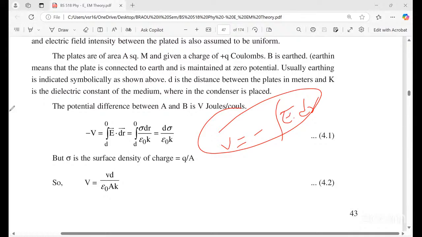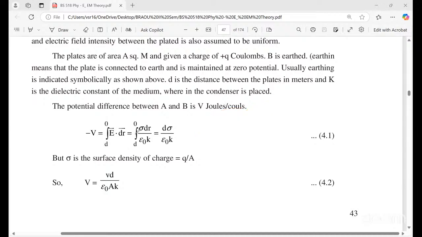So in this, V equals minus integral E dot dr. What is the electric field value between these two plates? Integrating from 0 to d, sigma dr by epsilon naught K gives sigma d by epsilon naught K.